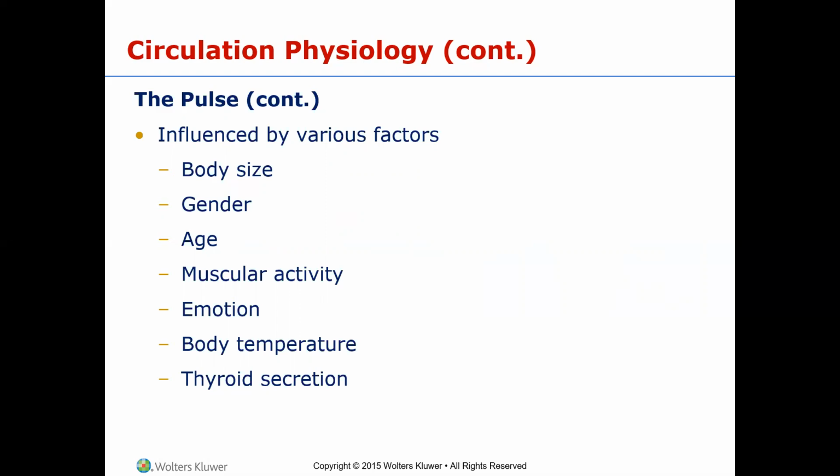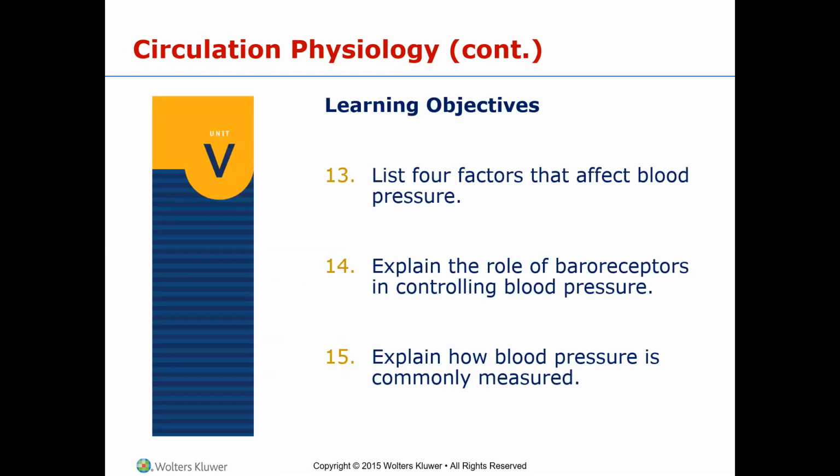With exercise, people who are in good condition, their pulse rate doesn't usually go up as rapidly as in an individual that is less active. Emotions can increase our pulse rate, as well as heat or infection, and some secretions from our thyroid gland can cause our pulse rate to go up.